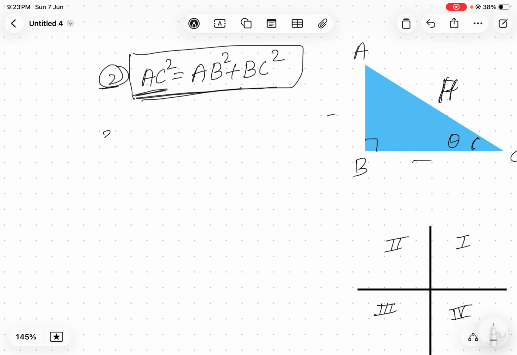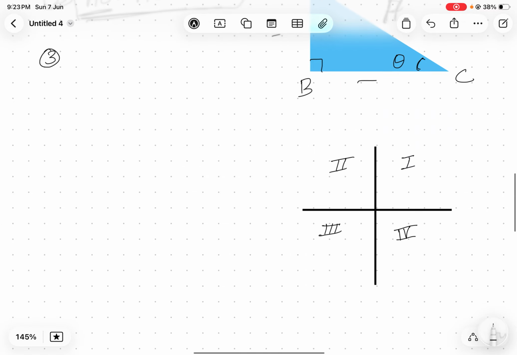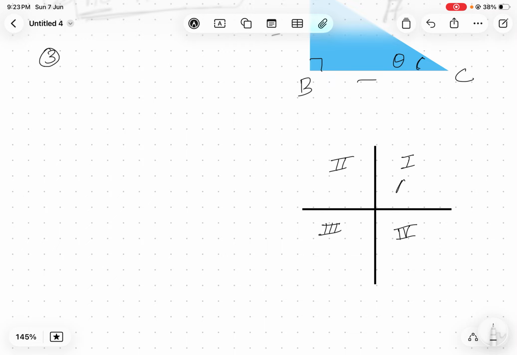The third thing you have to note is in first quadrant all positive, means all the trigonometric functions like sine, cos, tan, cosec, sec, and cot. All these six trigonometric functions are positive in first quadrant.